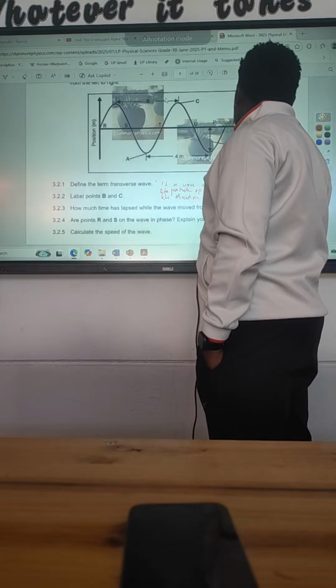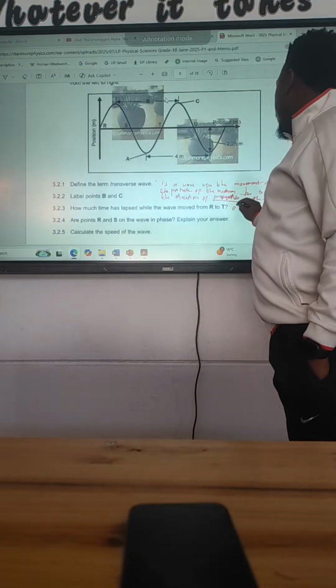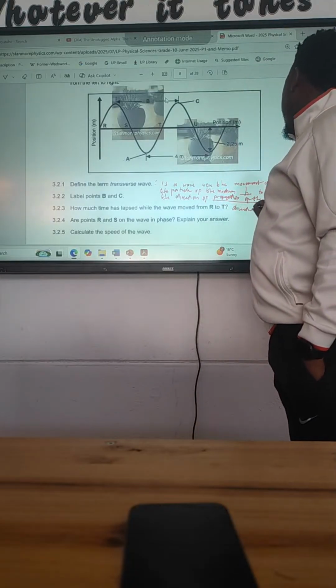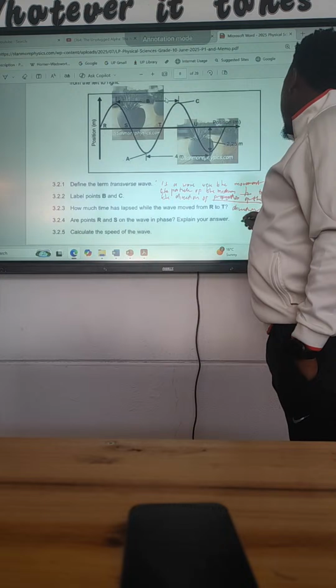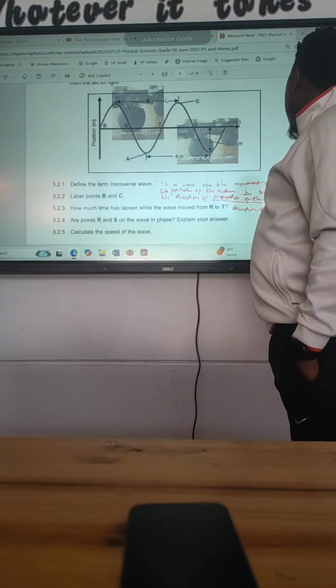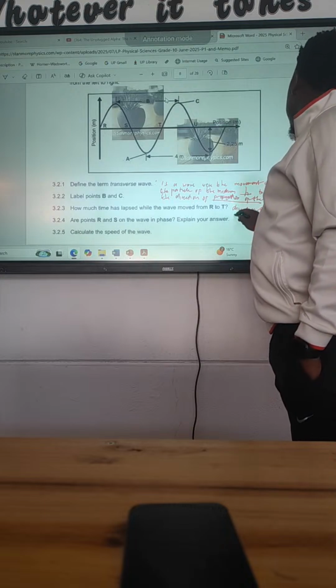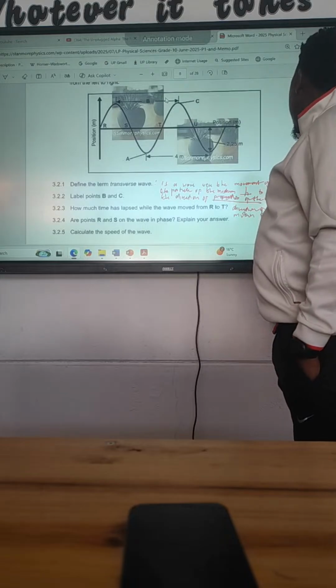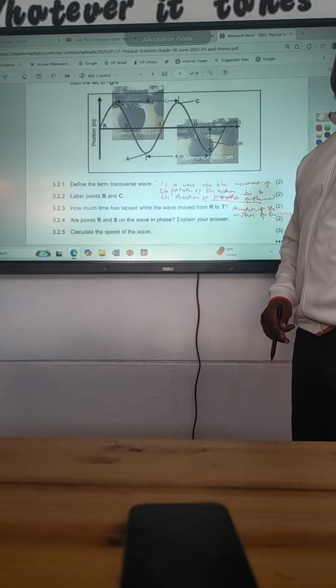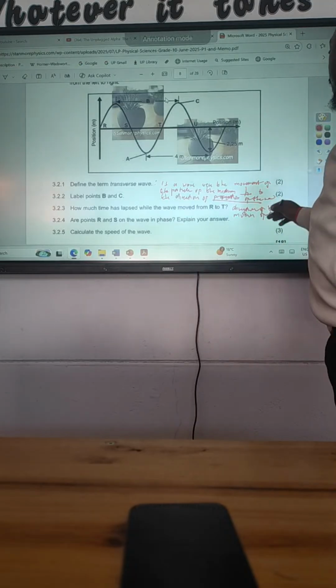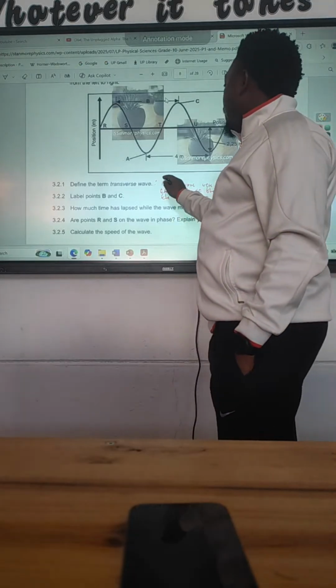Somebody can also use the direction of the wave, direction of the motion of the wave, instead of saying propagation. Please get that. Get your definitions correct.